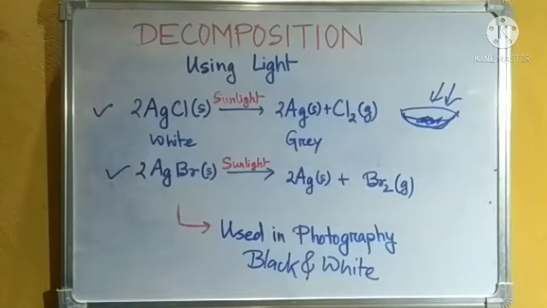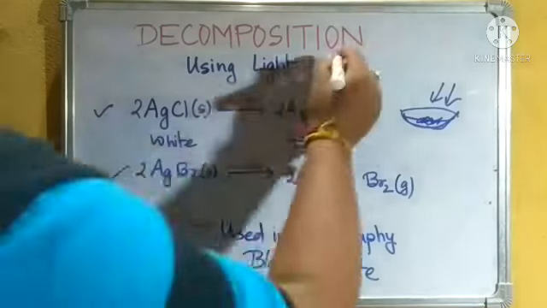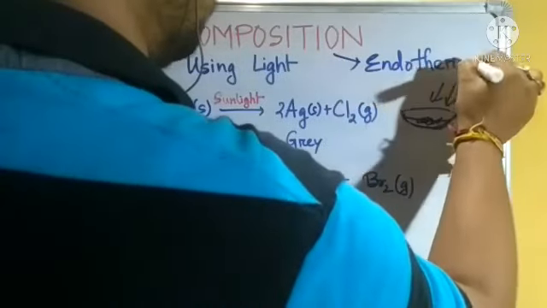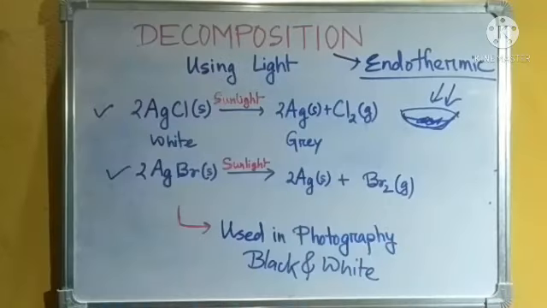An endothermic reaction is a reaction in which we provide energy so that the reaction can take place. So all decomposition reactions are generally good examples of endothermic reactions. This is a point you have to remember, clear? I have told this at the start of this video class as well.